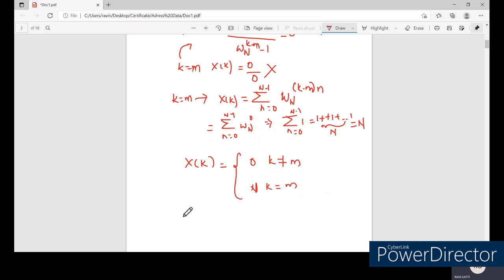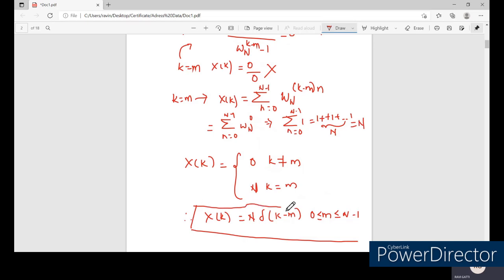So therefore we can write the N-point DFT of the given expression, that is X of k is nothing but N into delta of k minus m, where m takes the value 0 to N minus 1. So this is the N-point DFT of the given expression, that is nothing but e power j omega n, whatever you had. So for that, this is the answer. Okay, thank you.